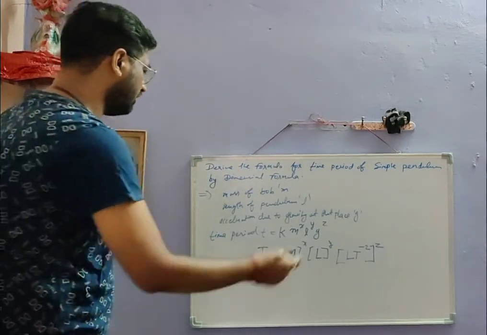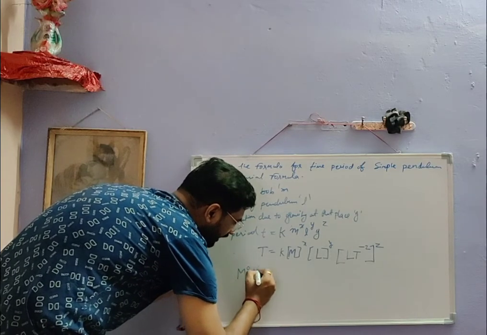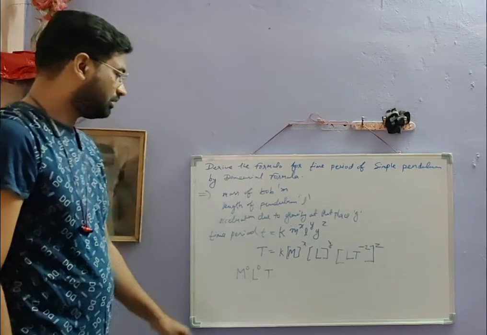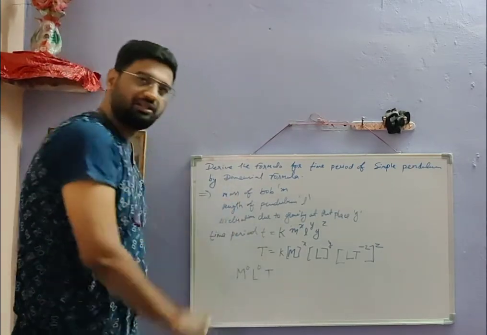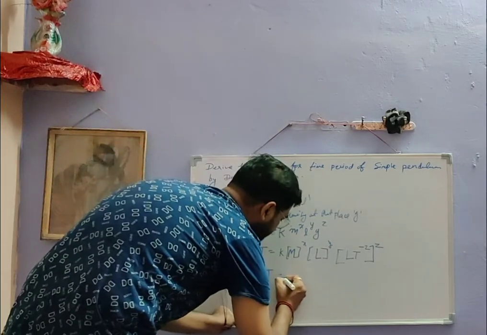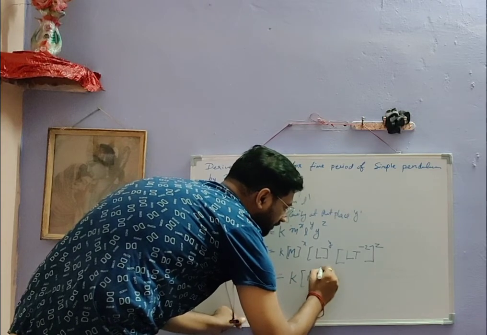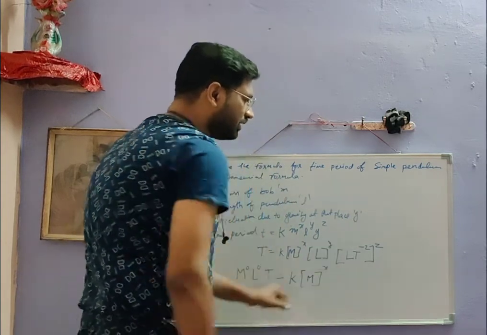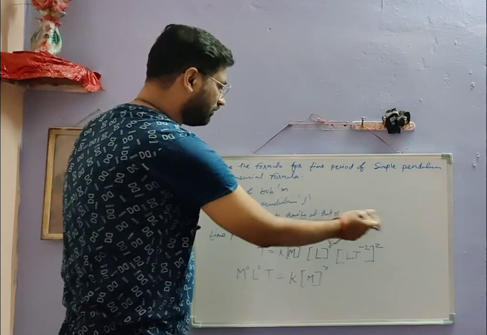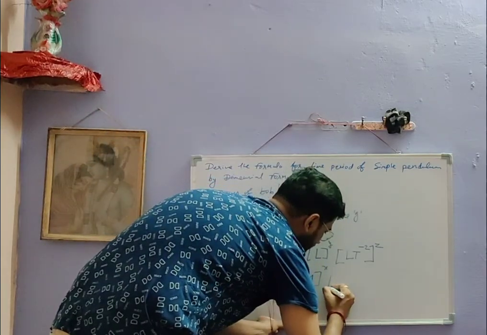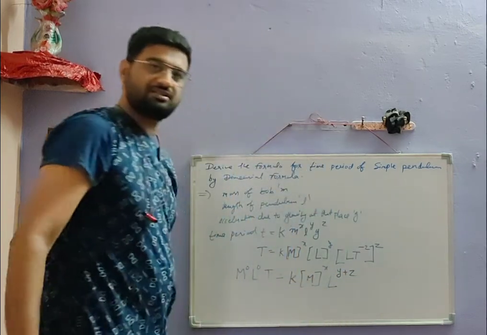Okay, also here you can write M0 L0 T, because m to the power 0 is equal to 1, l to the power 0 is equal to 1, so overall it is T. Here this is constant k, M to the power x, here L to the power y, and here L to the power z, both are in multiplication, so in power it will be in addition, L to the power y plus z.